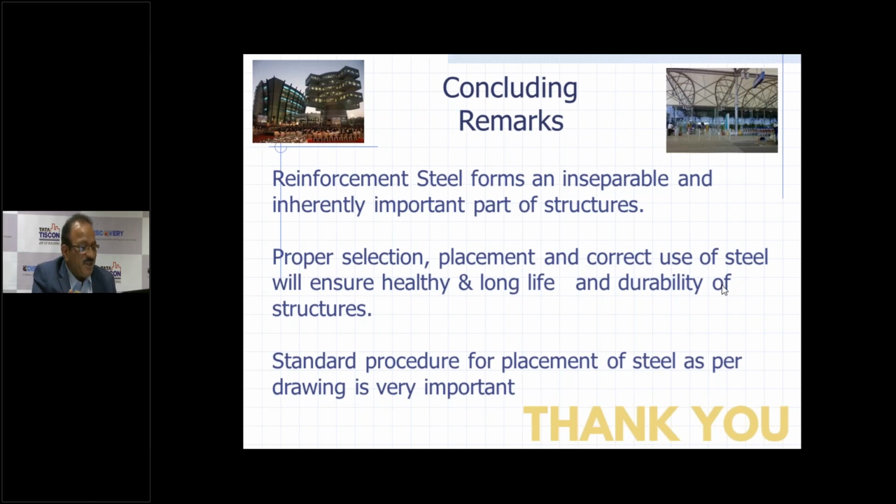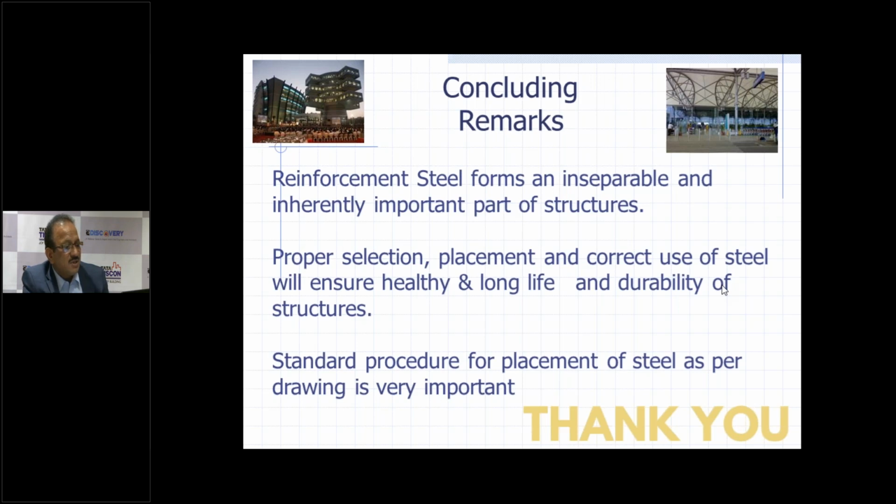If you purchase the material from recycled factories where they use scrap material and then reproduce the steel bars, then you will have all kinds of problems. So you should go to the standard manufacturers like Tiscon or equivalent, then you don't have to worry about the quality of the steel.